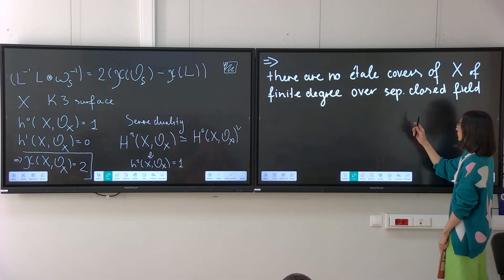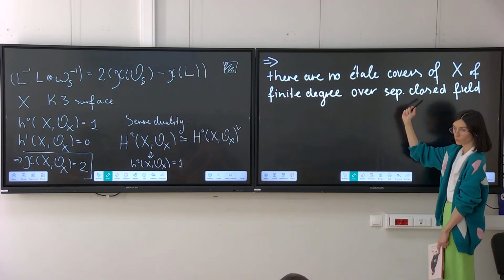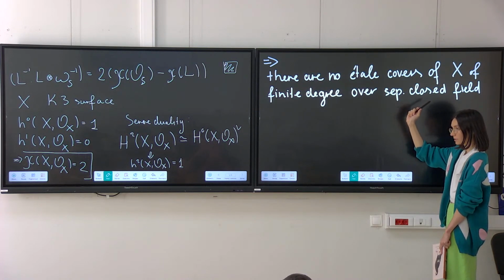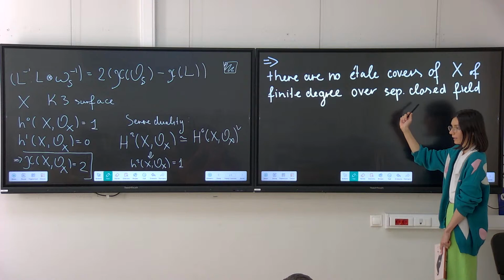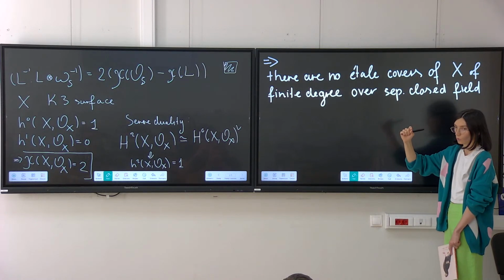So maybe I need to give some comments on why we need a separably closed field here, because if the ground base field is not separably closed, we always will have unramified covers that correspond to the separable closure.